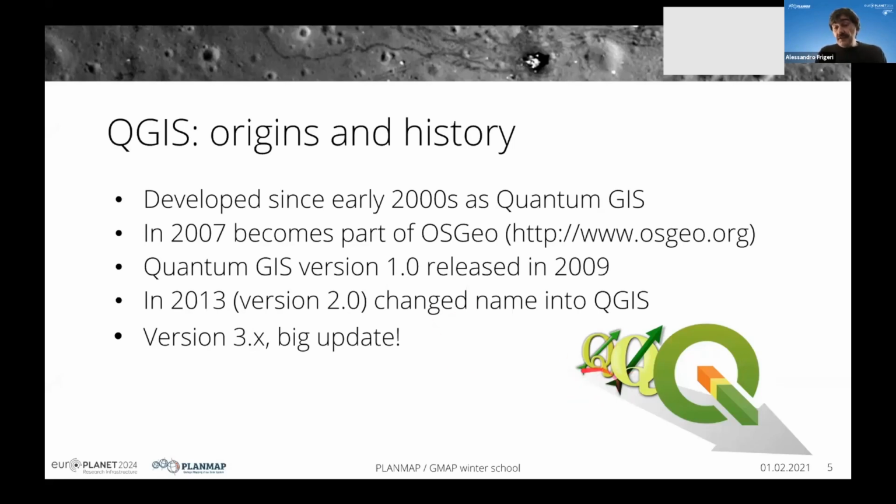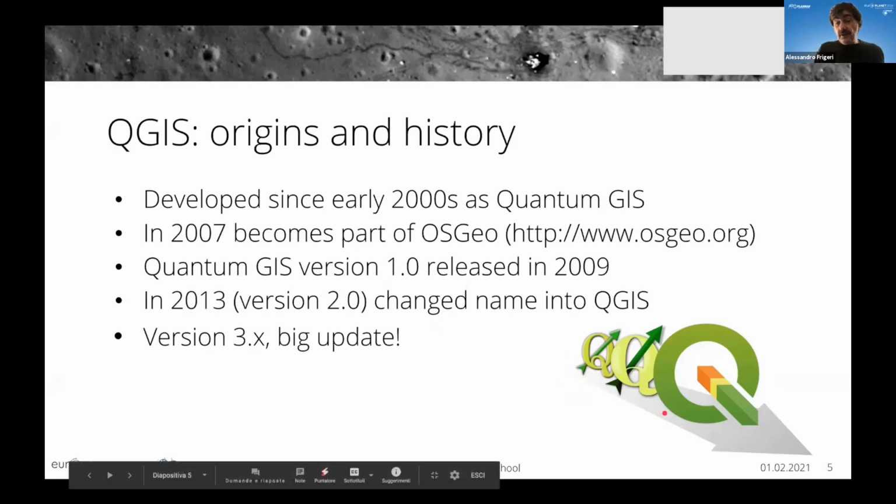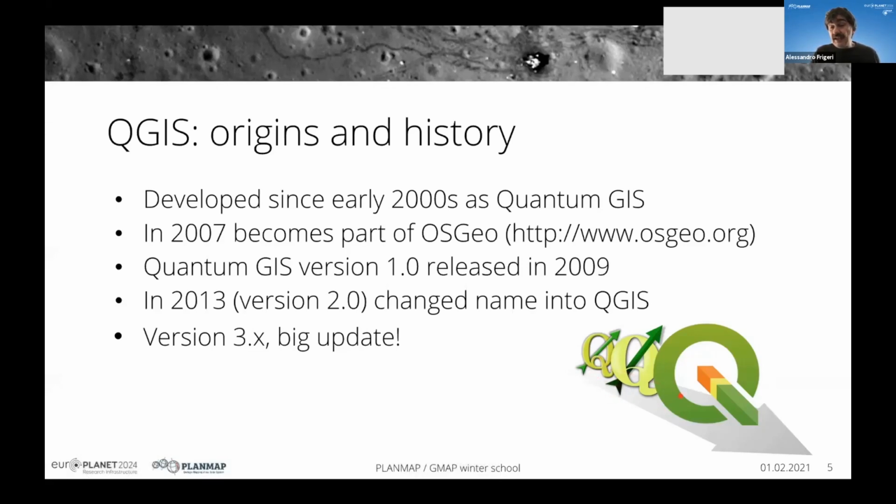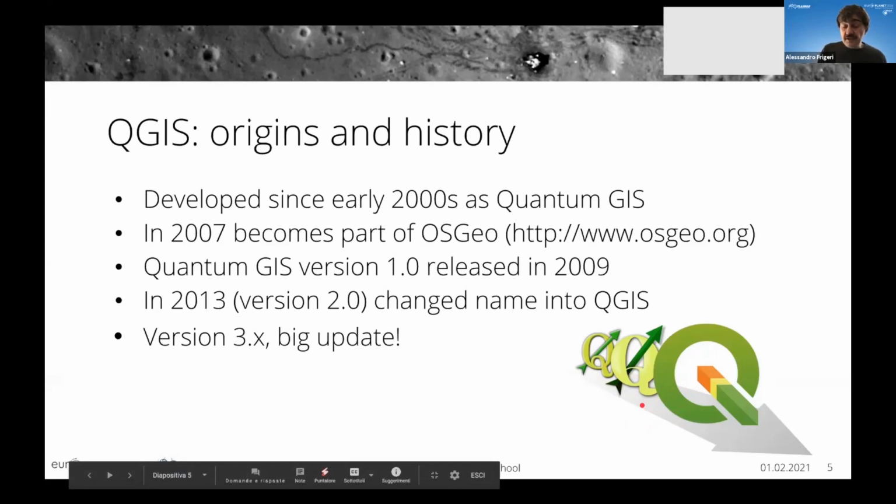And down here you also see the evolution of the logo of QGIS. Of course it is a Q, and since the beginning the Q has become the logo that you see today.